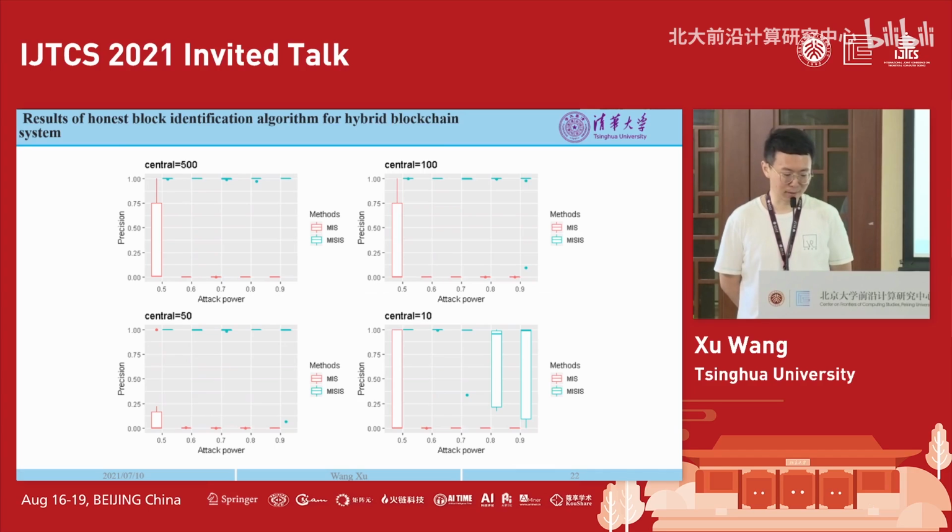We can also look at the fourth figure, the case in which the number of authenticated nodes is 10. There are 10 authenticated nodes in the blockchain system. Even if the attack power is 0.7, the precision of MRSS is also better than that of MRS.